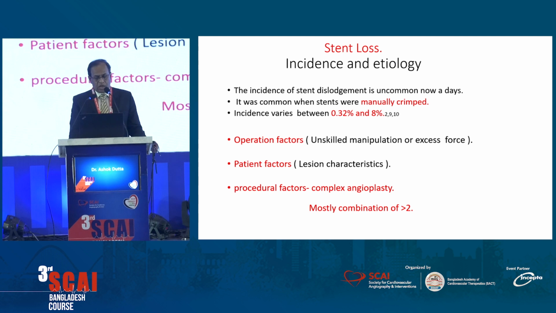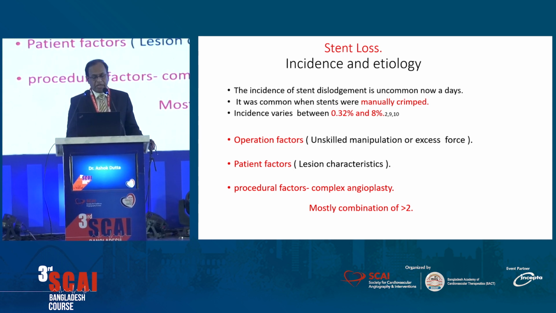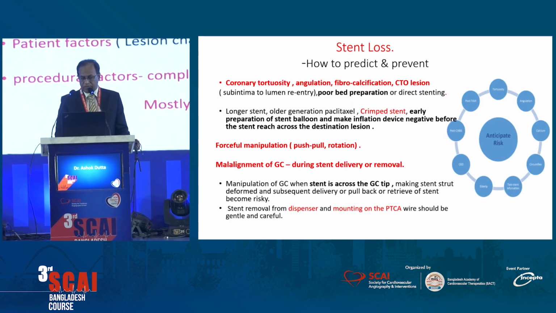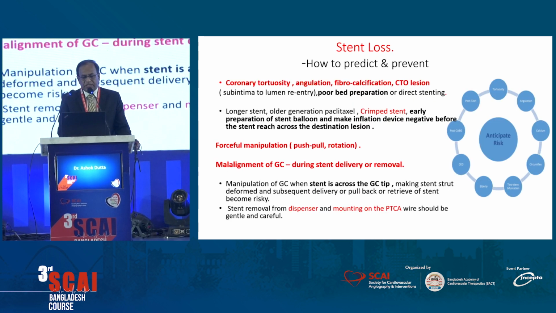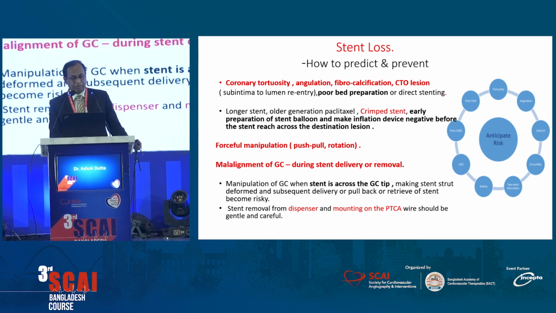It is related to multiple factors, not only patient factors like lesion characteristics, but also operator factors related to excess manipulation, including push, pull, or rotation, and procedure-related factors, especially in complex angioplasty. Stent loss can be prevented and should be predicted in certain circumstances, especially when there is coronary tortuosity, angulation, calcification, and so on. At the same time, forceful manipulation should be avoided.